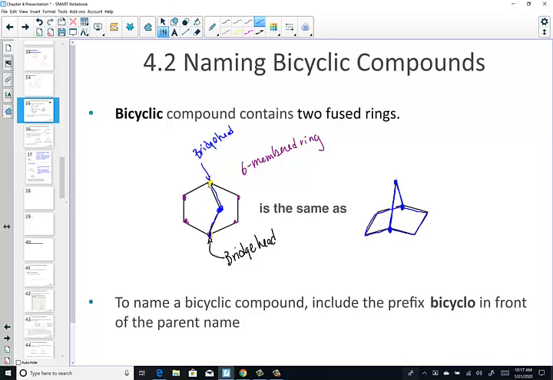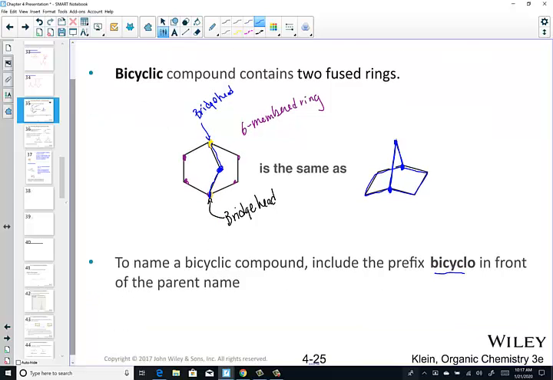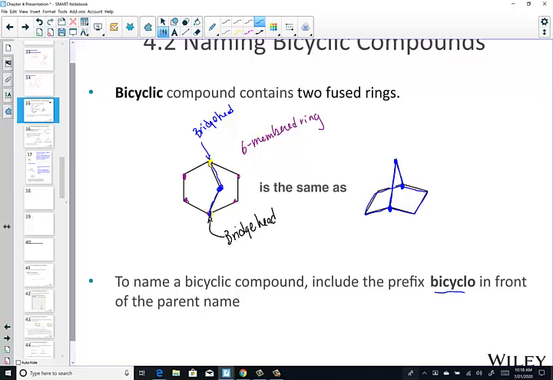To name a bicyclic compound, which is going to take some practice, we include the prefix bicyclo in front of the parent name. So for instance, with this example, how many total carbons are in this structure? Again, we had 1, 2, 3, 4, 5, 6 carbons in the first ring, one more reaching up here to make a 7th carbon.